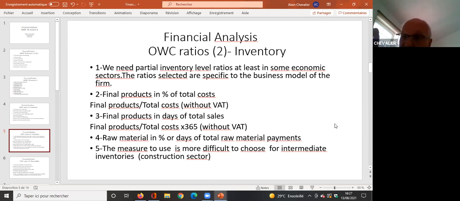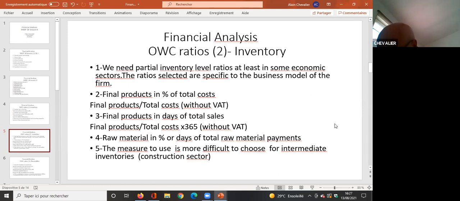So you need to work on these 4 different categories if you want to explain what's happened to your inventory ratio, inventory as a whole, including all the inventories in the firm.